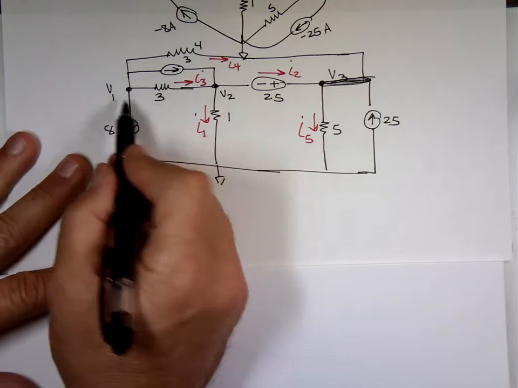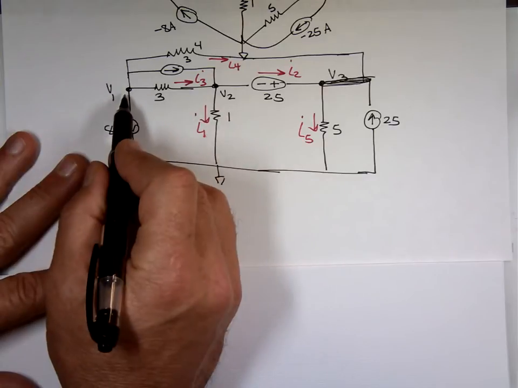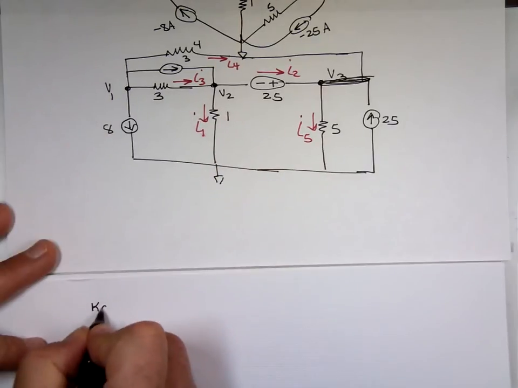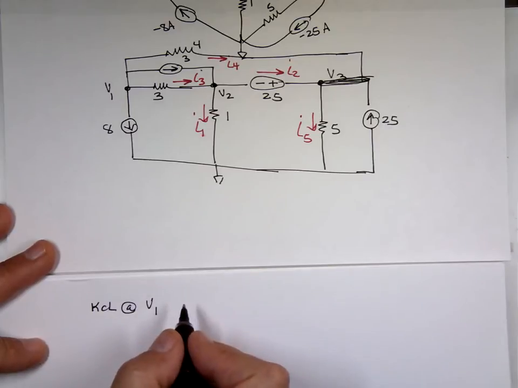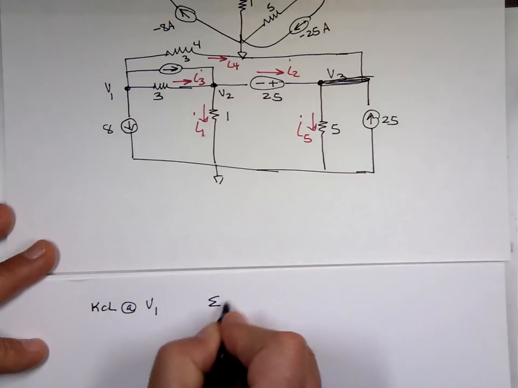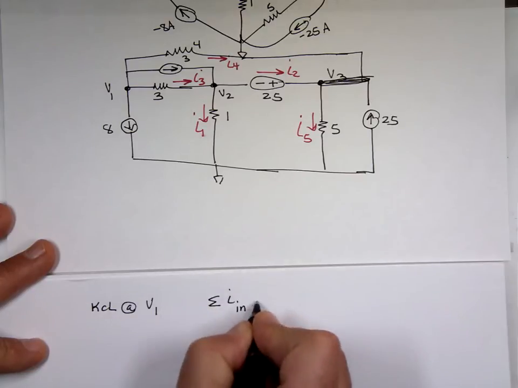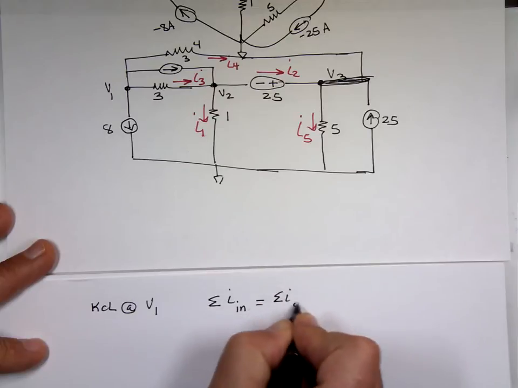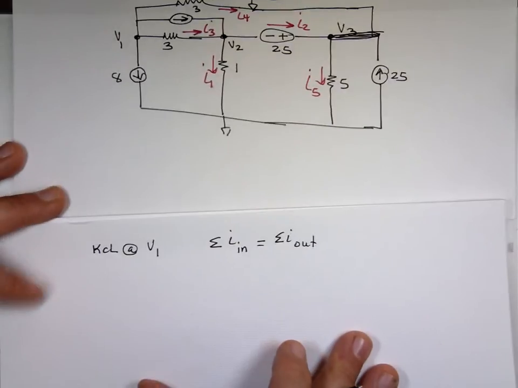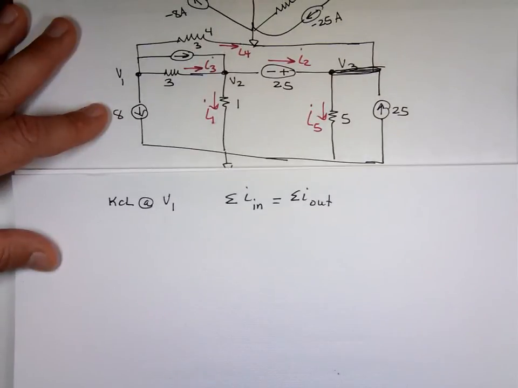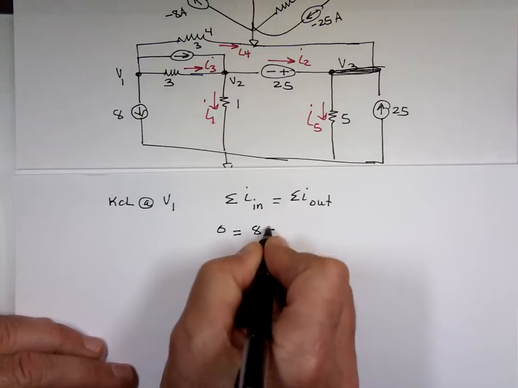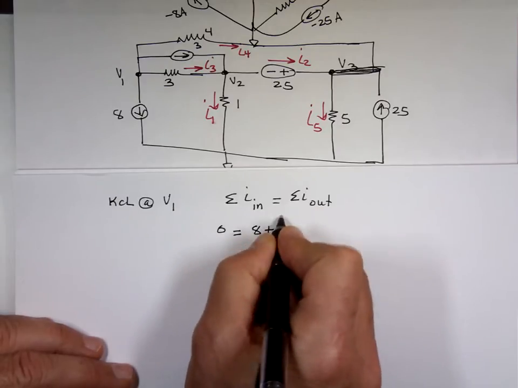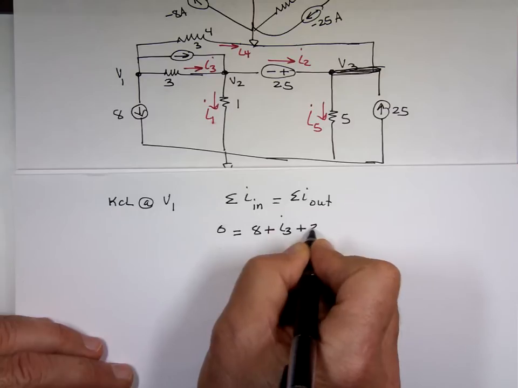Now, when you do that, what do we have? We have KCL at V1. What is going to that node? Based on the picture I drew, the sum of the current going into the node should equal the sum of the current coming out of that node. What is going to it? 0. And what's leaving? The 8 plus what? I3 plus what? 3 amps.